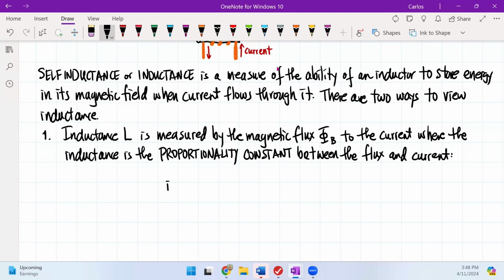In other words, the inductance L is equal to the magnetic flux to the value of the current.